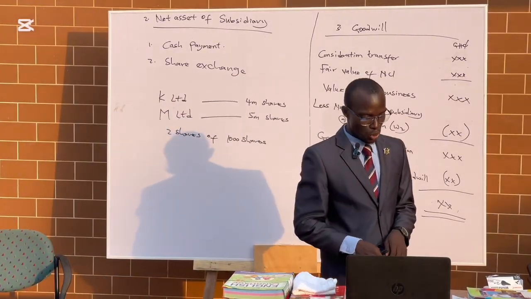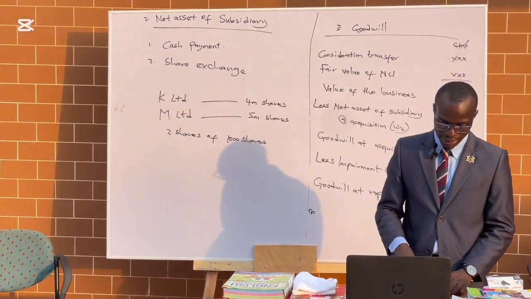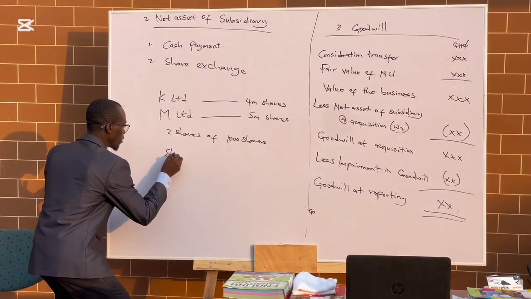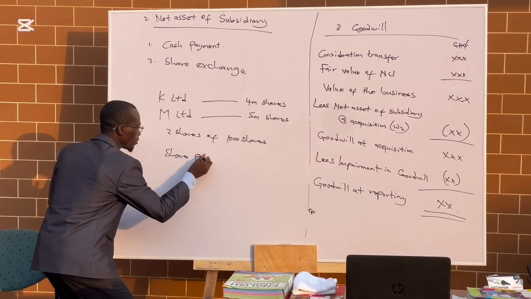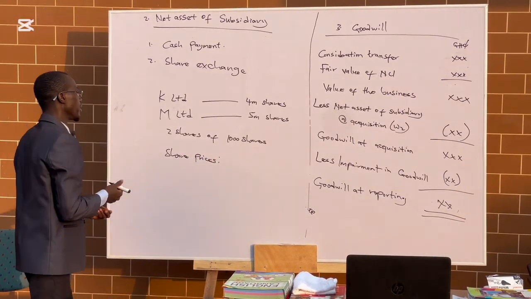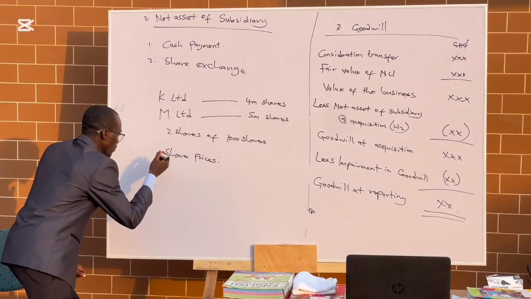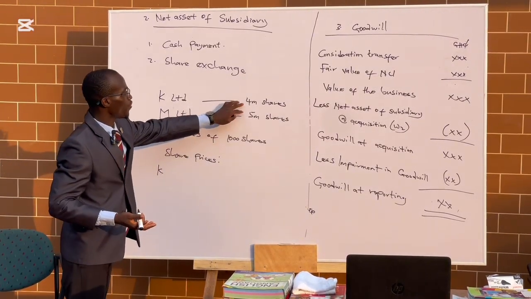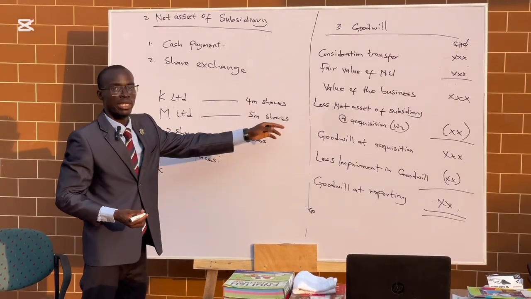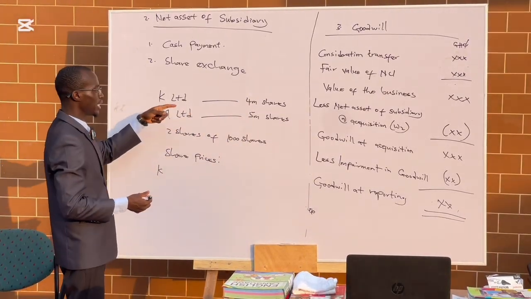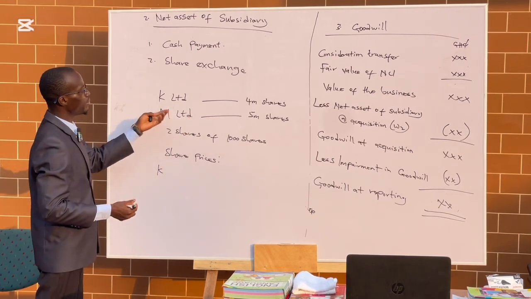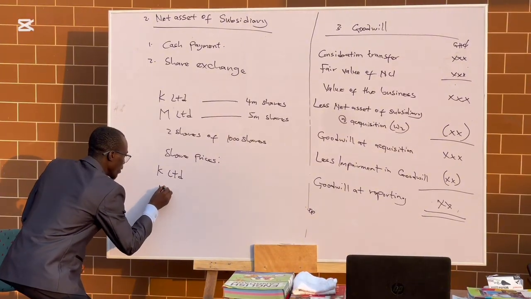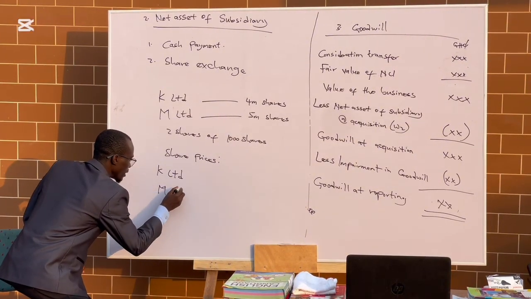Then the share prices have also been given to us. The parent is K Limited, because 4 over 5 times 100 gives you the proportion that K Limited is holding, and it is obvious that K Limited is the parent. They have given us the share price of the parent and the share price of the subsidiary, M Limited.